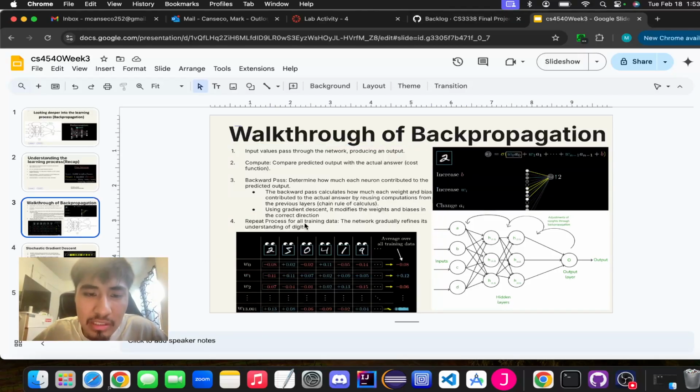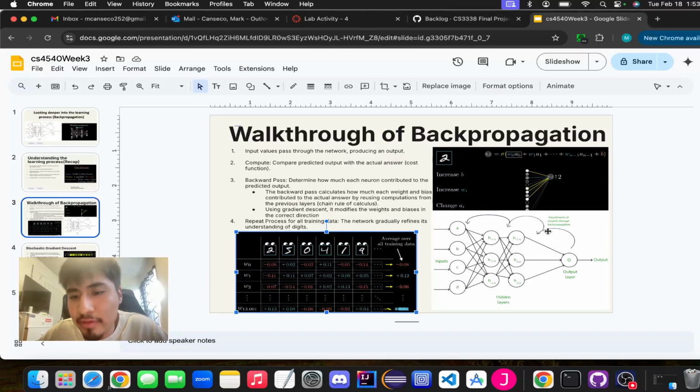And you repeat this process for all the training data, and the network gradually refines its understanding of digits. So you do it across all neurons, aka all the training data, and the network refines its understanding of digits.